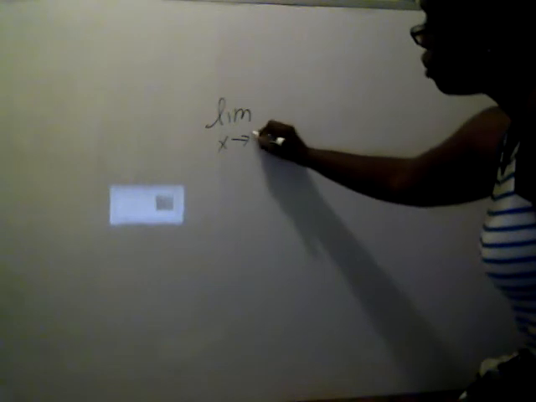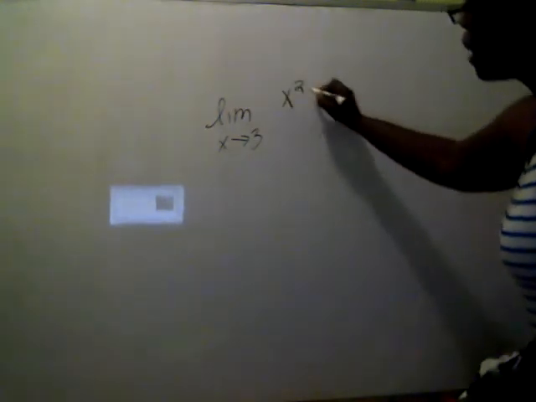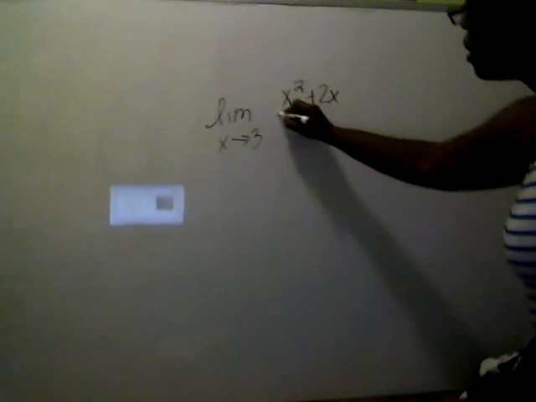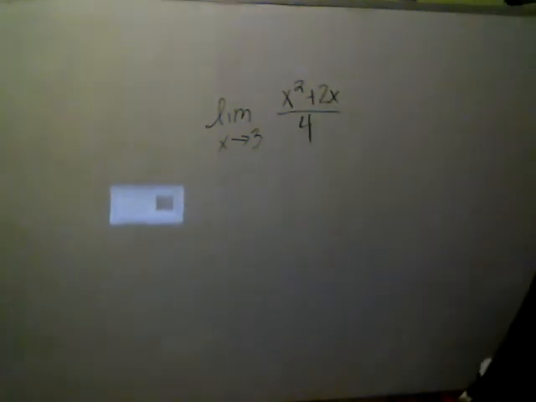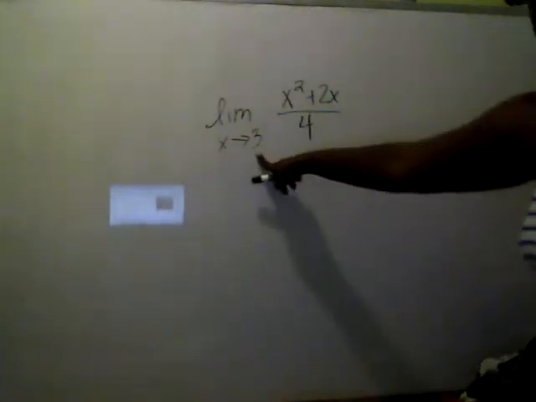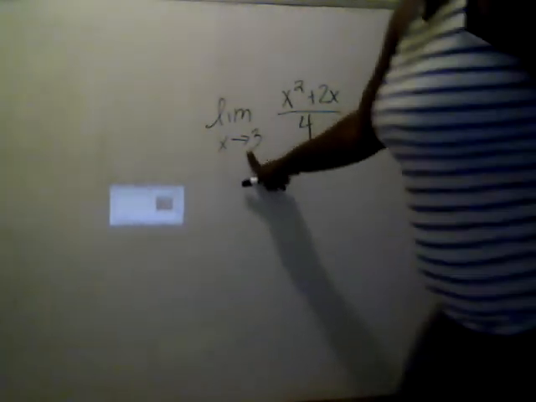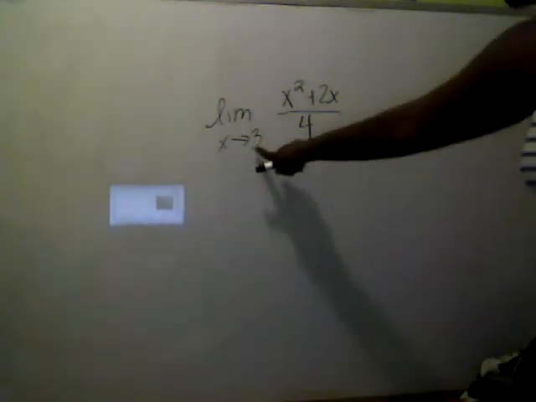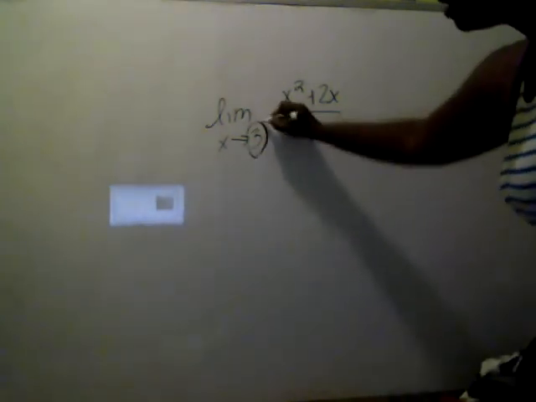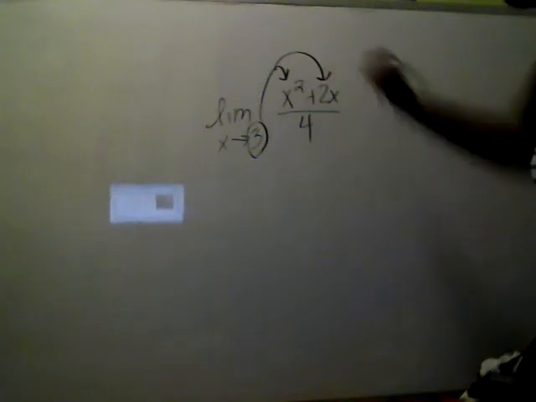Okay, so then if we go to the second one on that page, this one's going to require a little bit of simplifying. So before we actually jump into it, I'll give you an example and we can apply that same concept. If we have, let's say, the limit as x approaches 3 of x squared plus 2x over 4, the way that you guys have talked about it in class is that when you have a numerical value here, assuming that this is not going to make this undefined, you can actually take that number, which is 3, and plug it in for the x values.